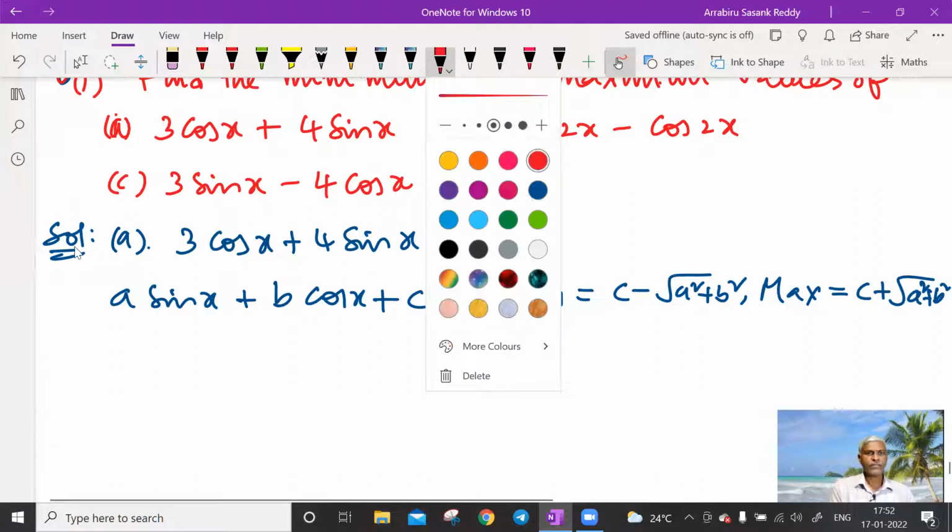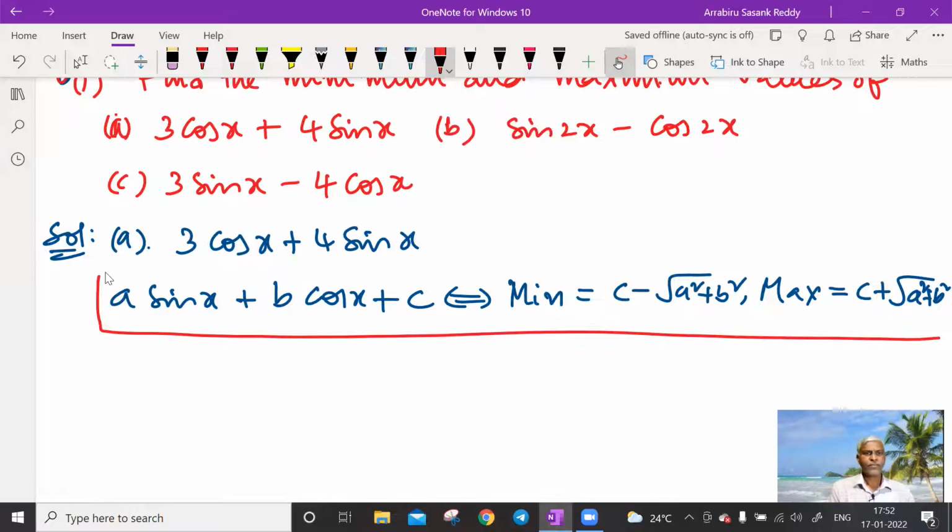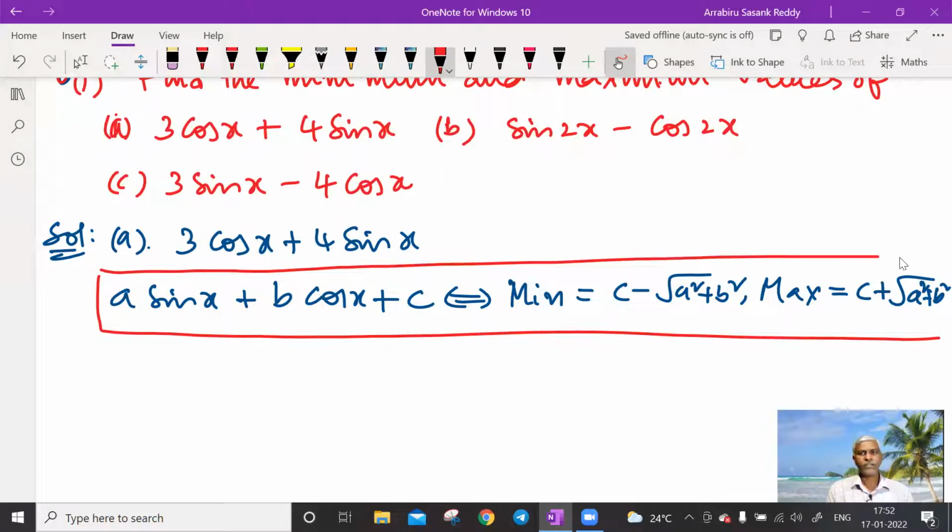So this is the formula for the trigonometric expression.